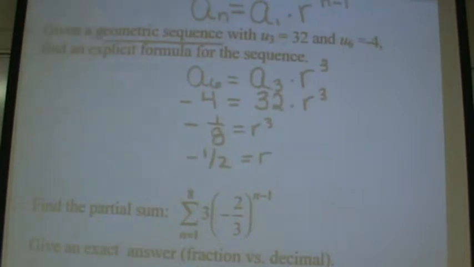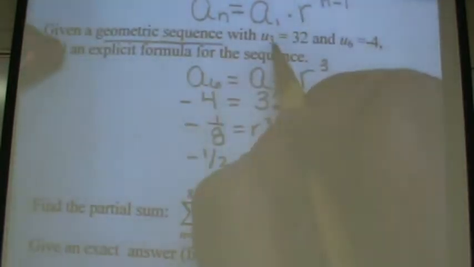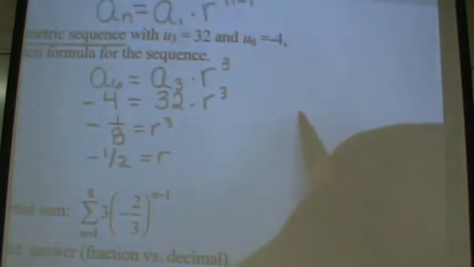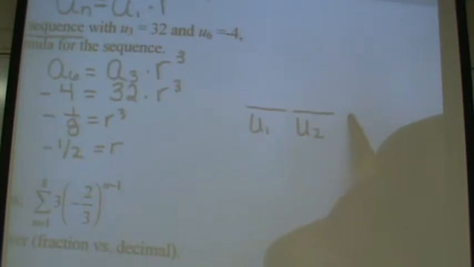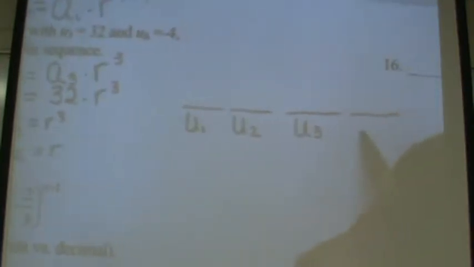Now the other term we need is the first term. So here's the first term, here's the second term, and here's the 3rd term, 32. The 4th term, we don't know. 5th term, we don't know. The 6th term is negative 4.